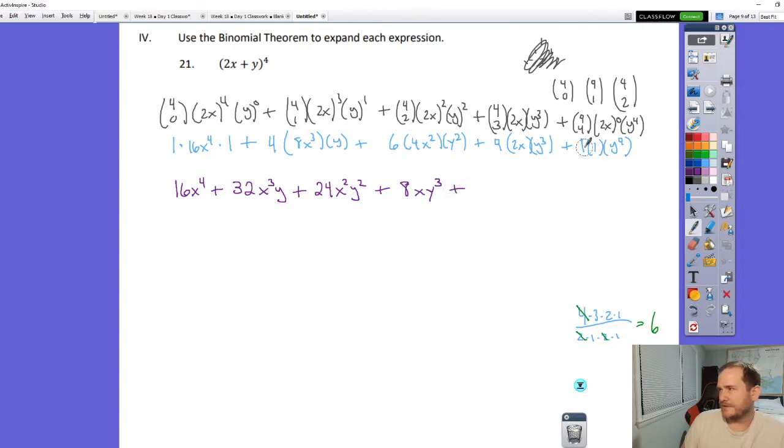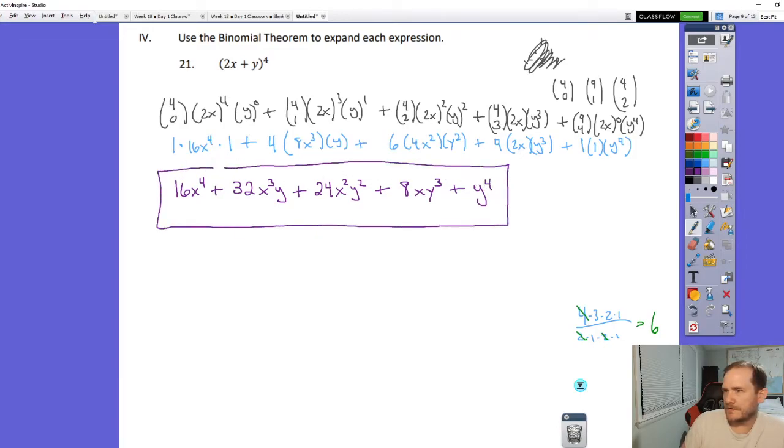And lastly, we just have 1 y to the 4th. So there's your finalized expansion. And again, power of 4, I'm expecting 5 terms. 1, 2, 3, 4, 5. Done. Okay, next.